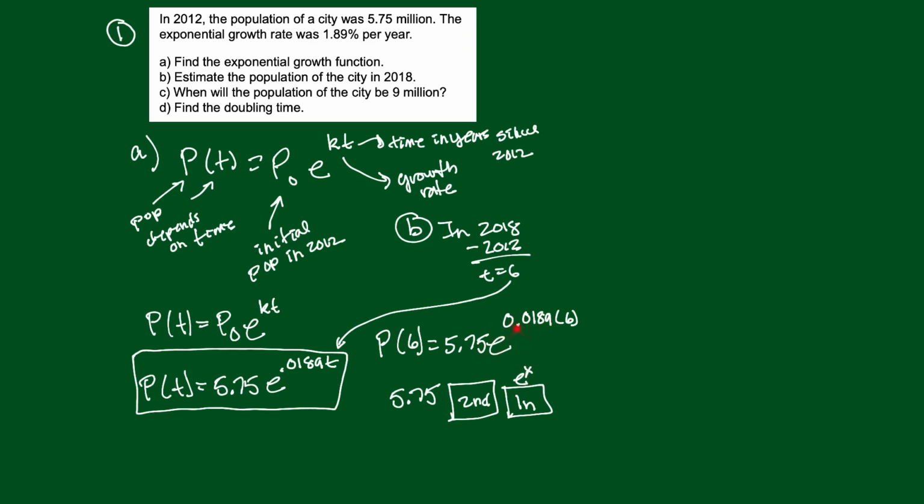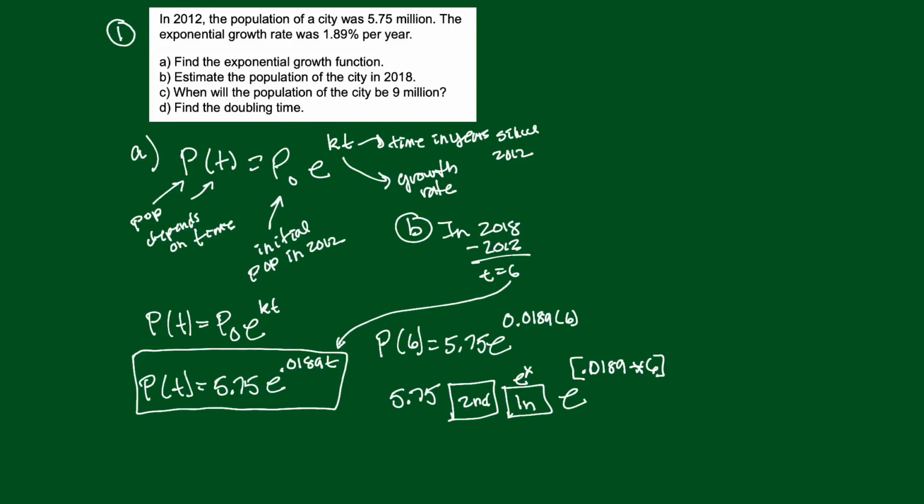So press second, the LN key, and you'll get e to the x. Now, when you actually do that, what you get is e, and then your cursor comes up here. So up there, you're going to type in 0.0189, and then press the times key and press 6. Okay, that'll give you the exponent.